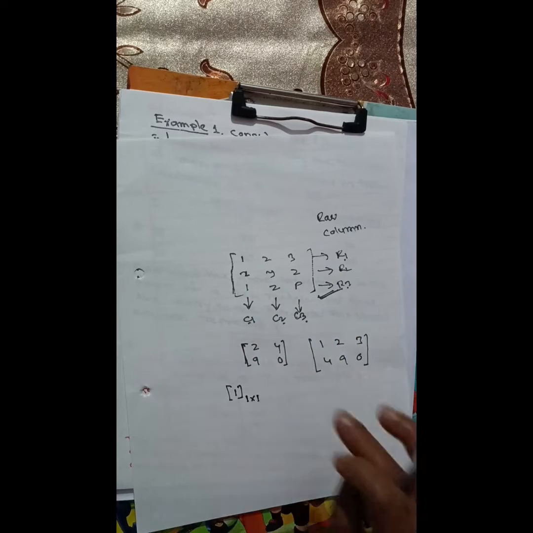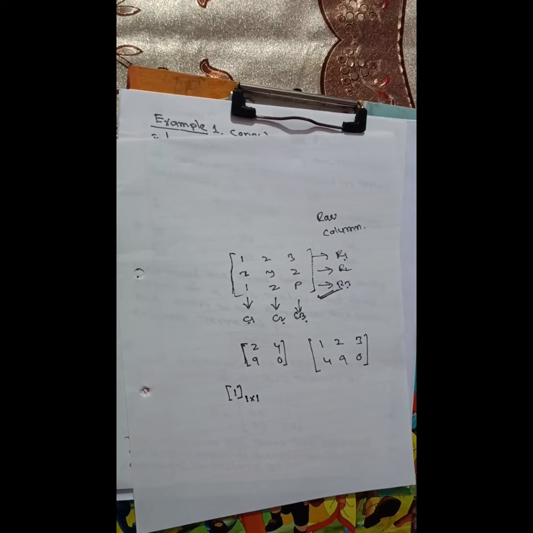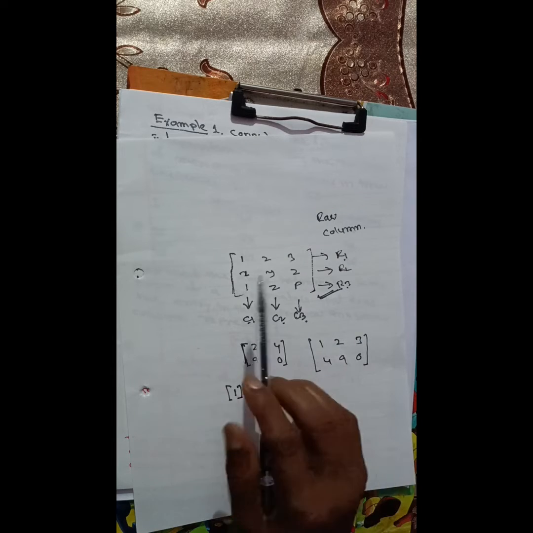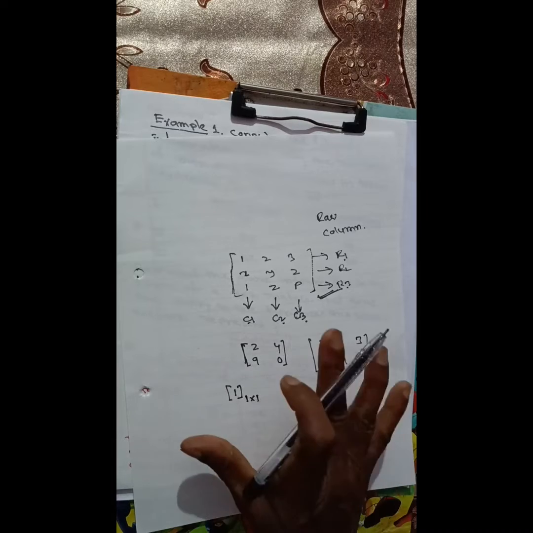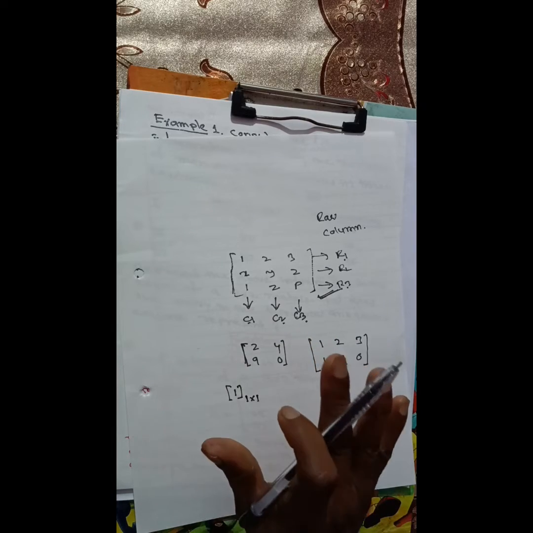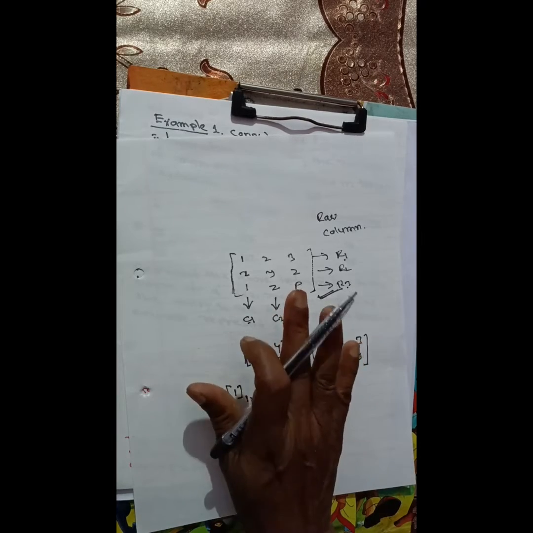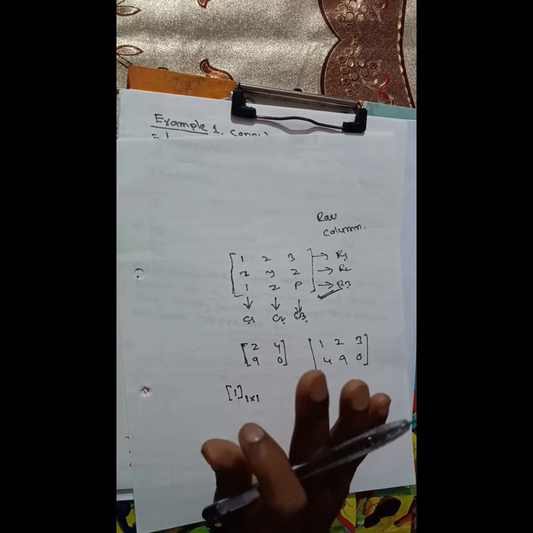This is nothing but an arrangement. It is an arrangement in a rectangular array or two-way, where one is known as rows and the other is known as columns. There are various types of matrix: the square matrix and the rectangular matrix.